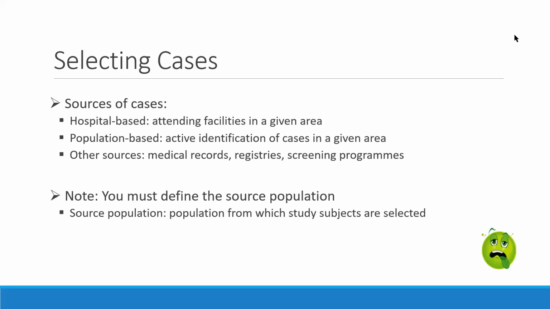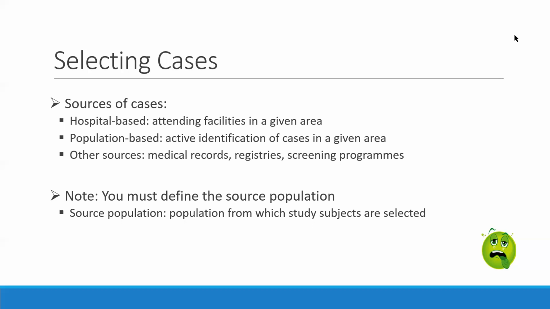Right. So when we select the cases, selecting the cases is relatively easy, but you need to be very strict about having a case definition. And we saw a little bit in the beginning how you define cases. You have criteria in time, in place, in person, and you need to stick to these.